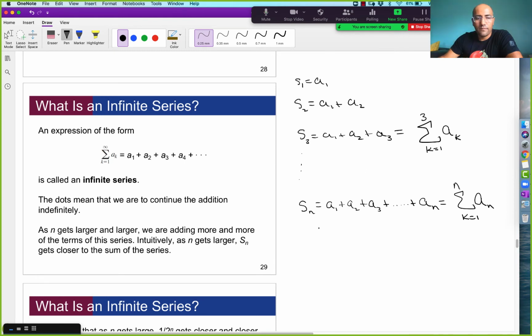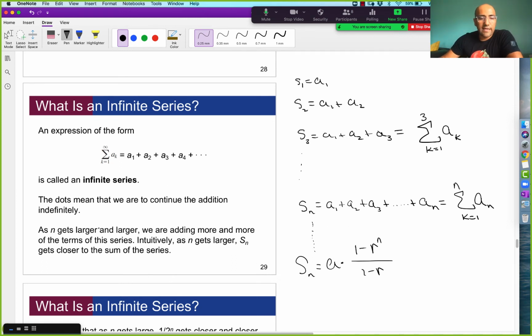Good. Okay, but now we want to think about, well, what happens if we keep going past that? What happens as we go toward infinity? Okay. All right, well, we saw that the sum of the first n of them, S sub n, is equal to A times 1 minus r to the nth power all over 1 minus r. Right? That's the formula for the sum of the first n values of a geometric sequence.